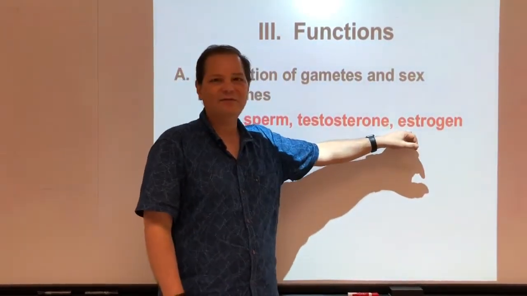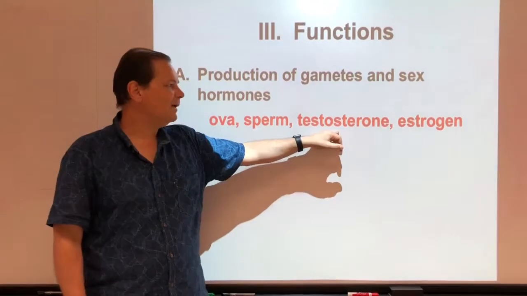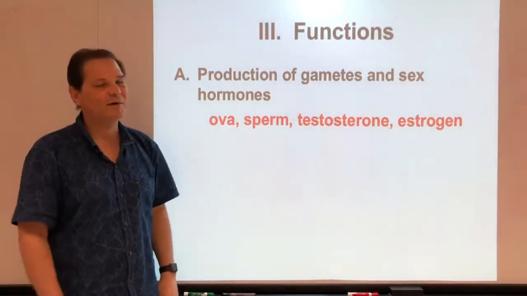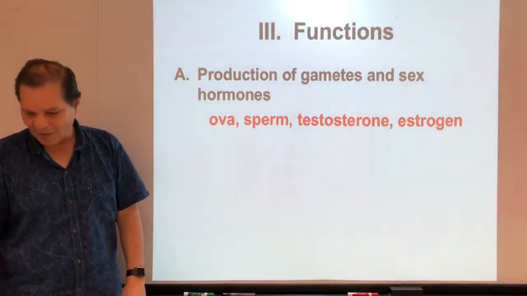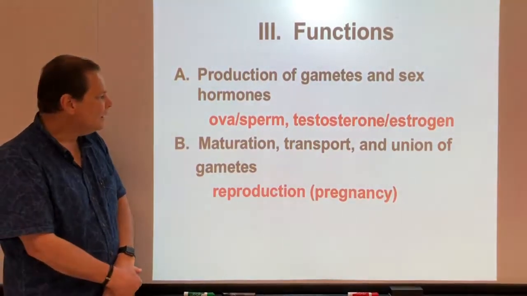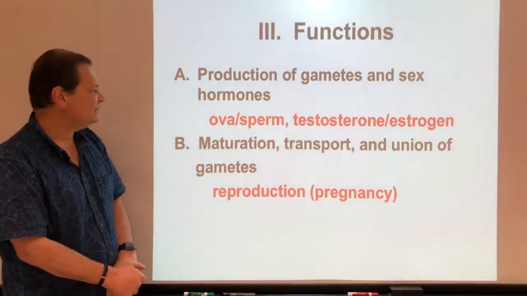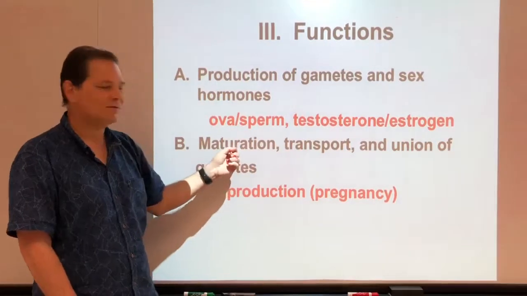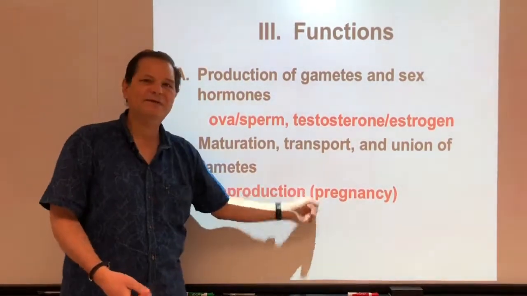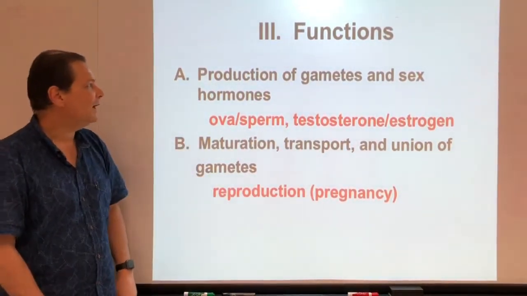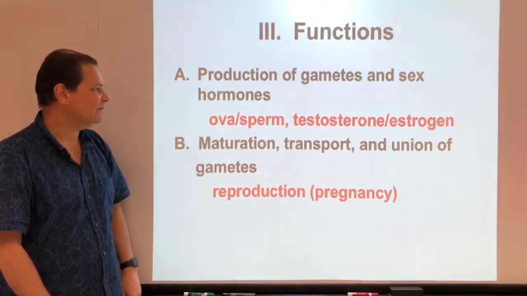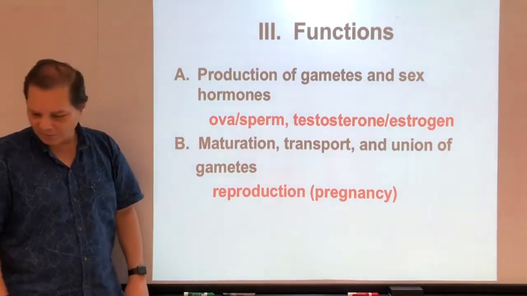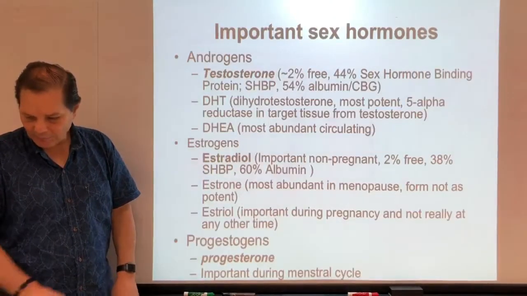Estrogen might be highest in the female, and testosterone might be highest in the male, but there's testosterone in the female, there's estrogen in the male, and they do have their functions, which cannot be forgotten. And then the union of the gametes, then transport and maturation, basically pregnancy, okay? The rest of the functions are really involved in just bringing that material together and making sure it all forms and is delivered properly.